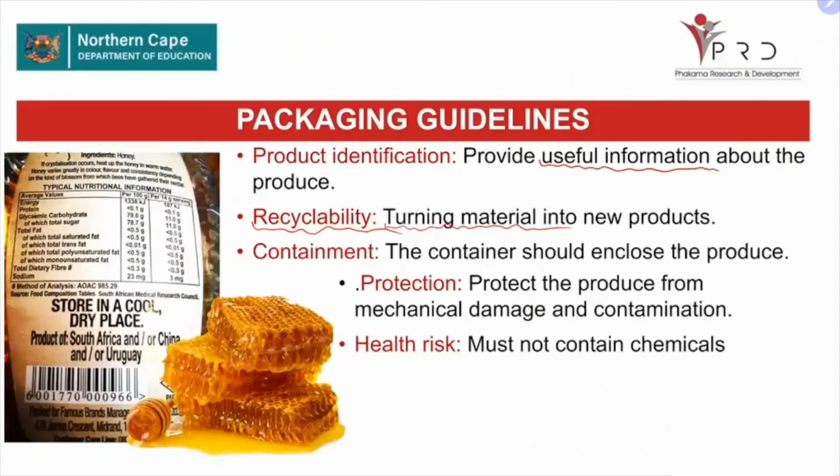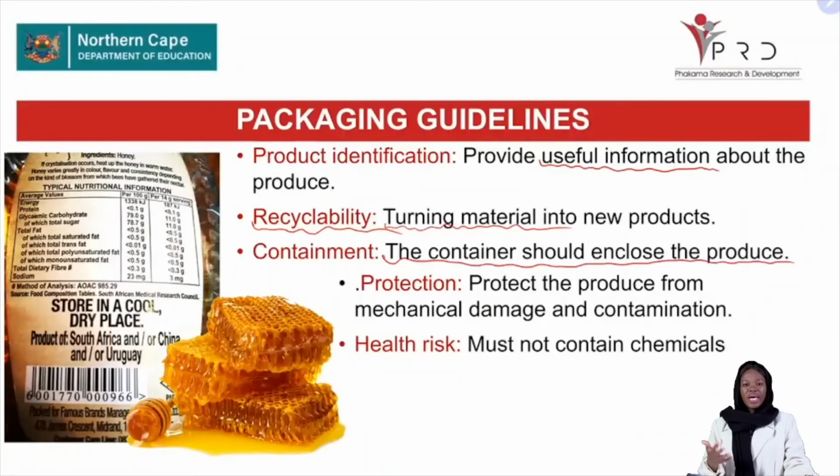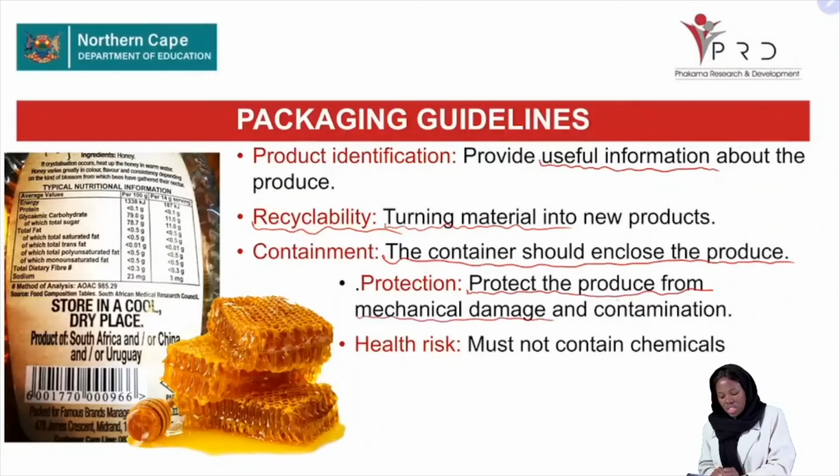Now, thirdly, the container should enclose the produce, meaning the container should be able to provide protection to the produce. It should be able to protect the produce from mechanical damage and contamination.